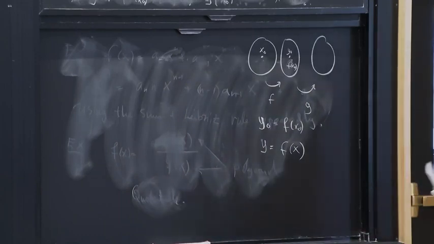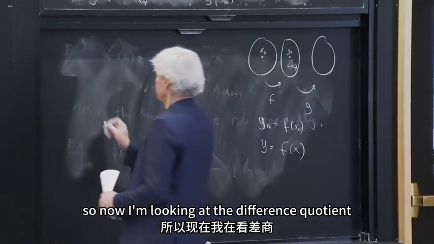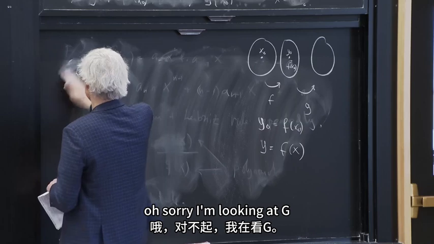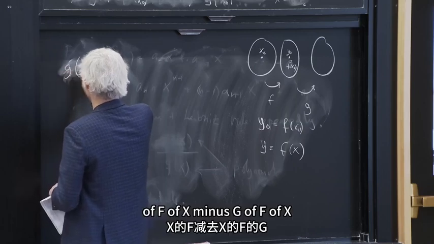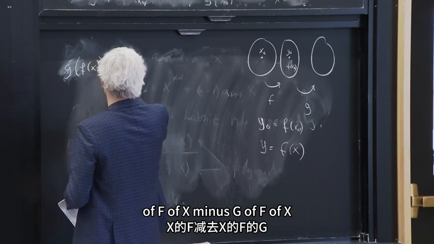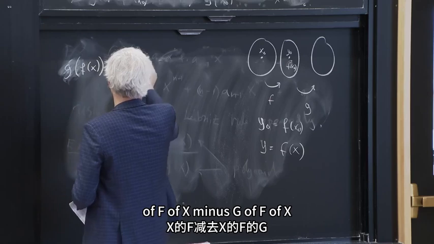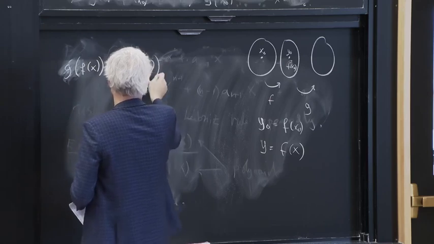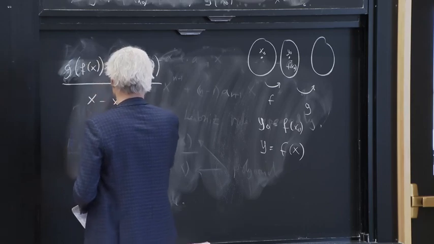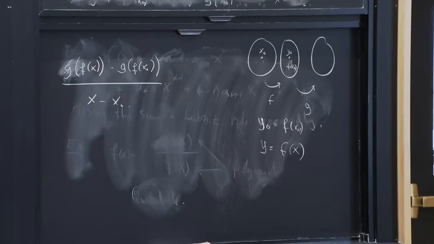Okay. So now I'm looking at the difference quotient. I'm looking at g of f of x minus g of f of x0, over x minus x0. That's what I'm supposed to look at.